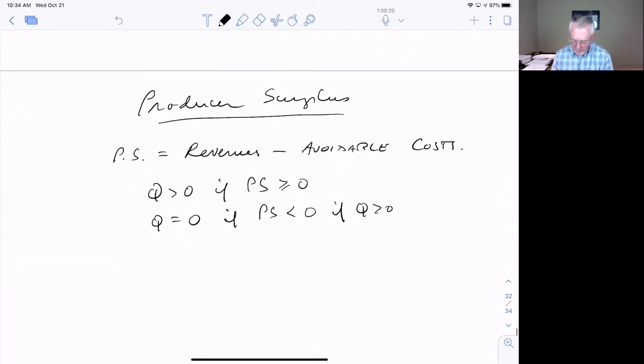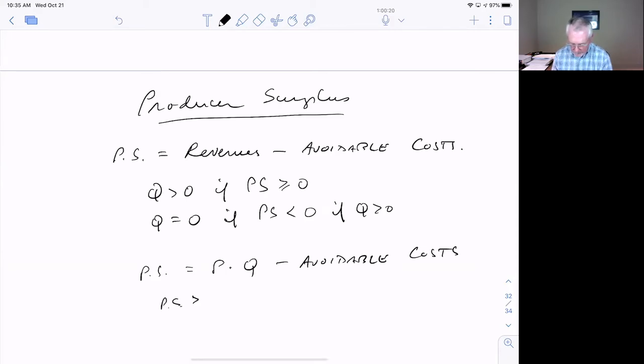Basically, revenues minus avoidable costs. For a competitive firm, the producer surplus is equal to P times Q minus avoidable costs, or it will be positive if P times Q is greater than avoidable costs, which is the same as saying if price is greater than avoidable cost divided by Q, which is average avoidable cost.